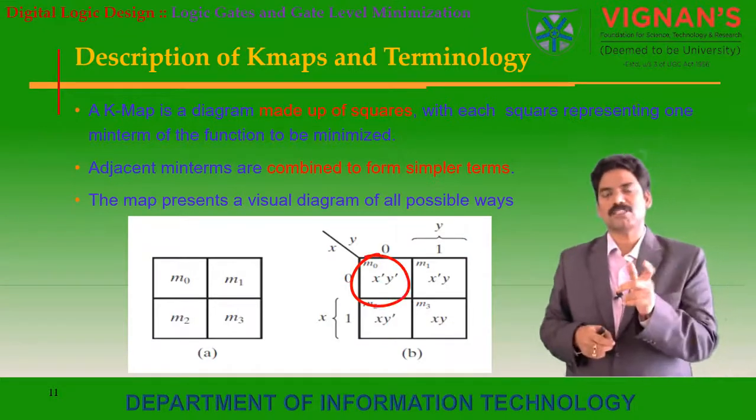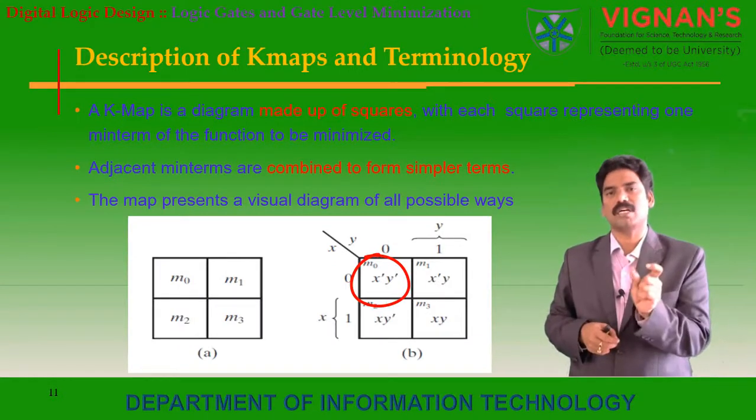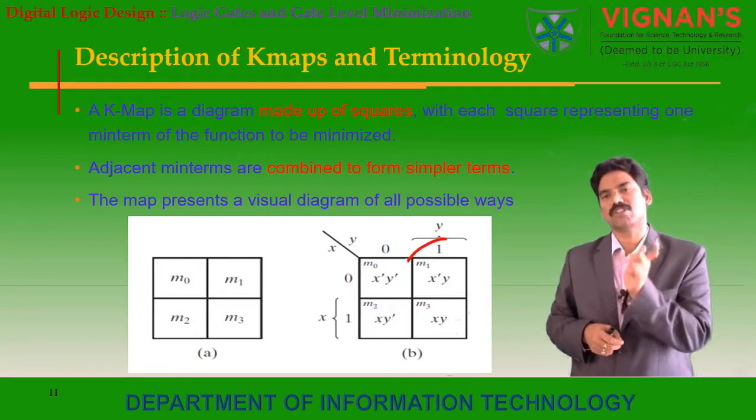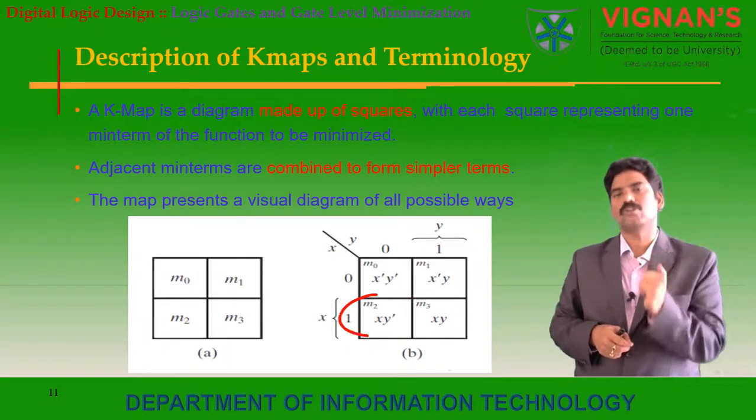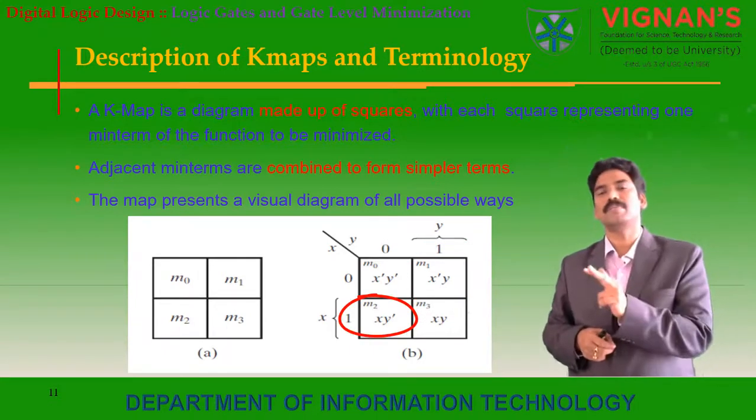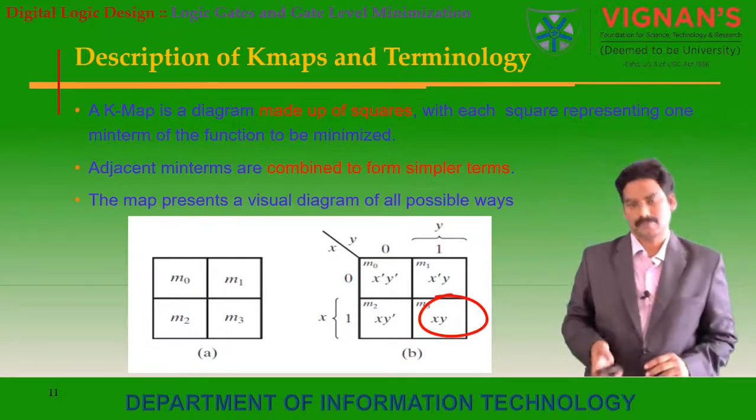Here 0, 0 means first row, first column, 0, 1 means first row, second column, 1, 0 means second row, first column, and 1, 1 means second row, second column.